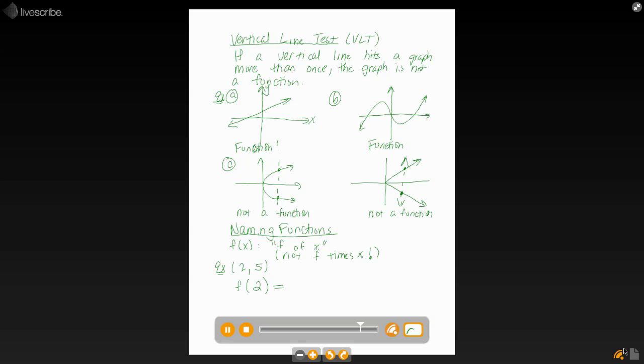And then you say equals, and what's the output value? 5. These two mean the same thing. 2, 5 and f of 2 is 5 mean the same thing. It means you put 2 in, and visually speaking, 2 goes in, 5 comes out, and this is my function f. Okay?